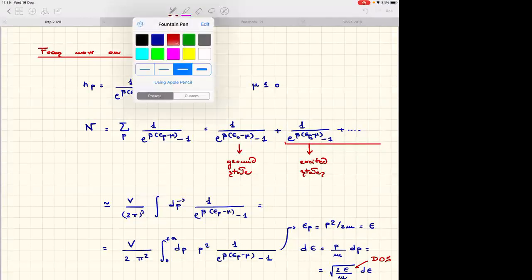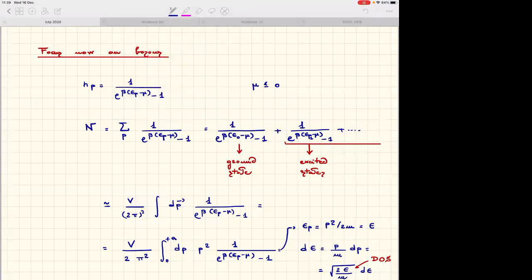All right, so let me change variables and pass to the energy representation here.